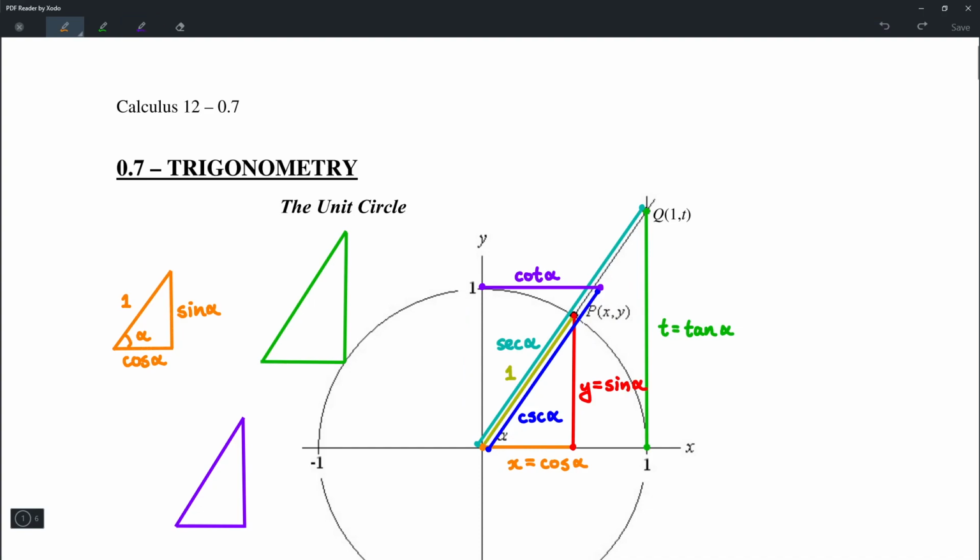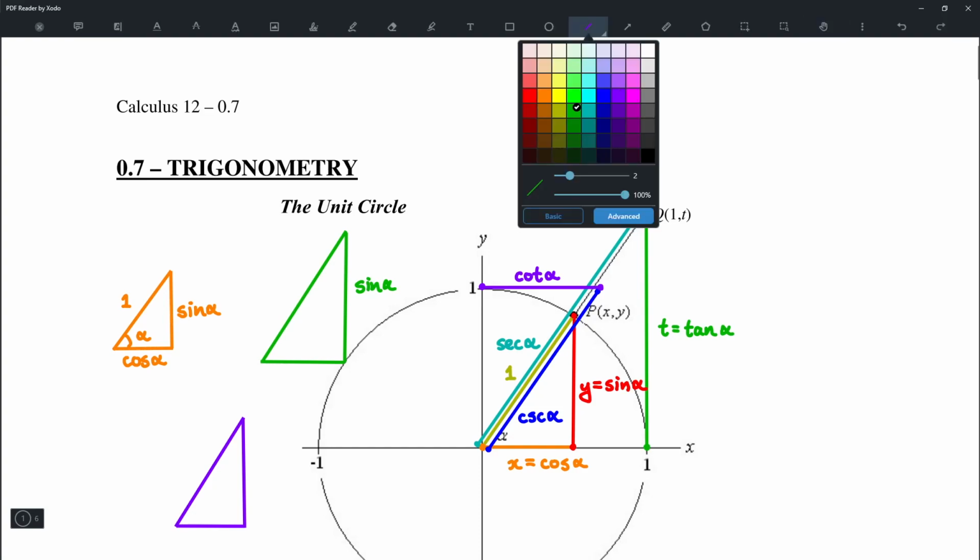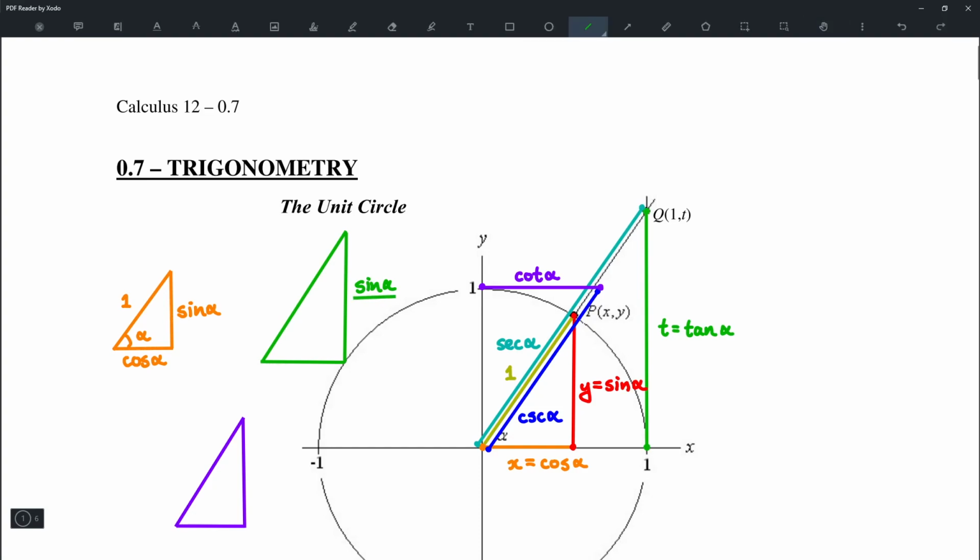Okay, so the first triangle, the one involving cosine alpha, sine alpha, and 1, is also drawn on the left. The second triangle, the one involving tangent, the largest one, we can also get by dividing every one of these numbers, or ratios, by cosine. So we have sine alpha over cosine alpha, which is of course tangent alpha.